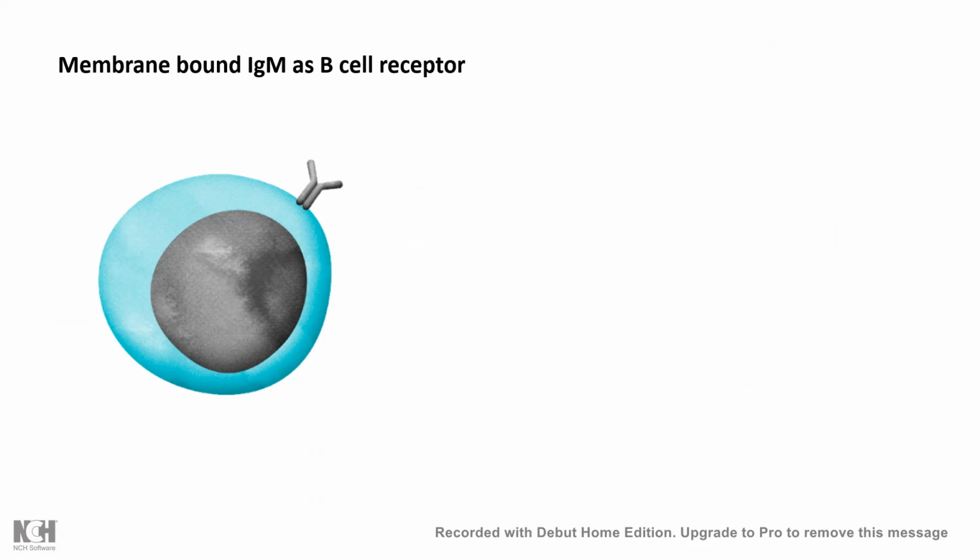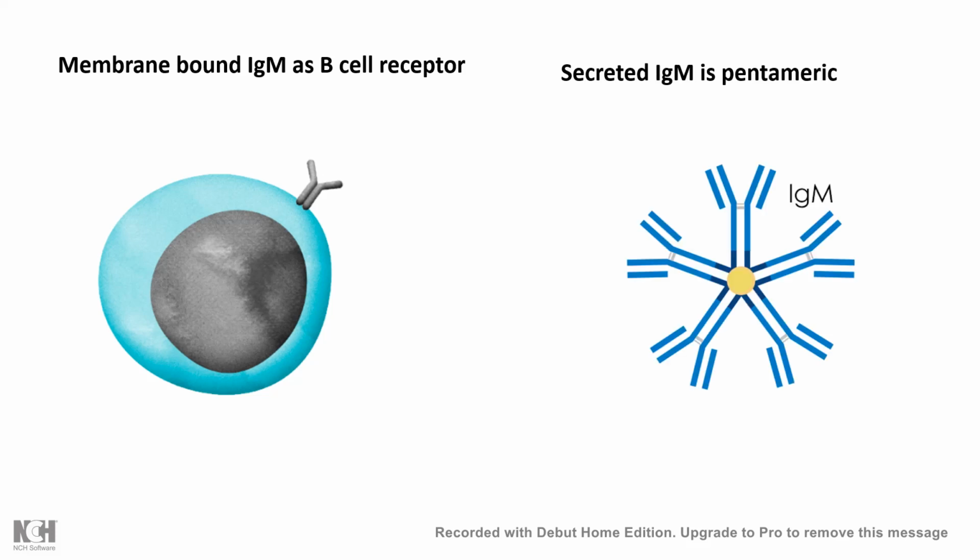In terms of molecular weight, IgM is the bulkier one, and the membrane-bound B cell receptor is basically IgM. But the secreted IgM is pentameric, an oligomer of these membrane-bound monomers. Now the question is, why is the secreted version pentameric whereas the membrane-bound version is monomeric?